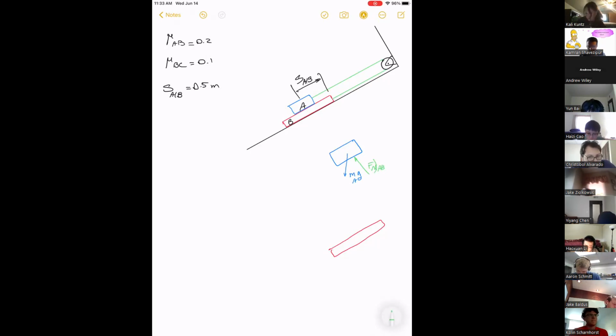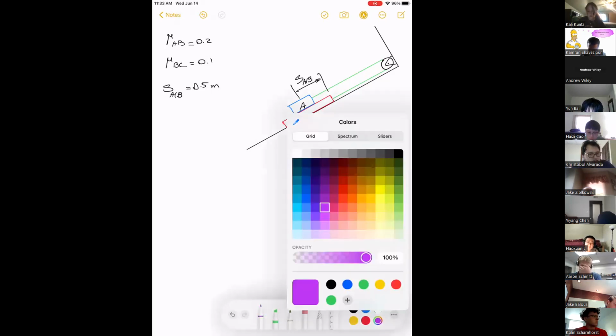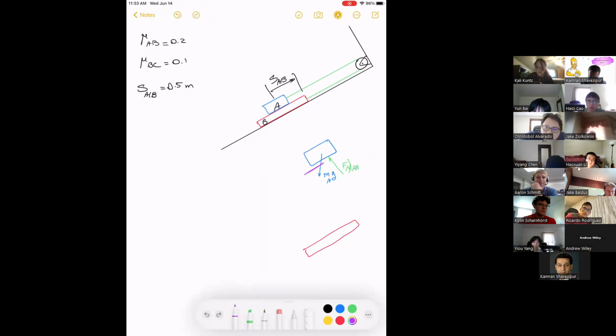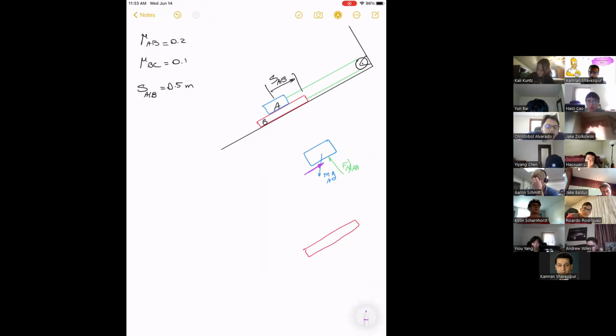Now friction. Should I get the friction upward or downward? Friction is obviously in this direction. Should it be this way or this way? Up. It should be up, like this. Now, as I said, friction always opposes the motion, right? If we release this, is block A gonna go down or is gonna go up?